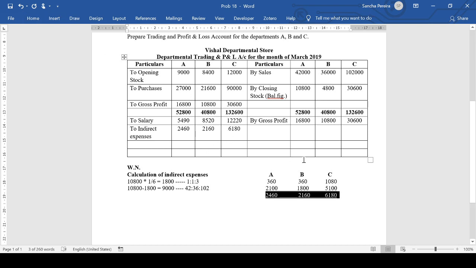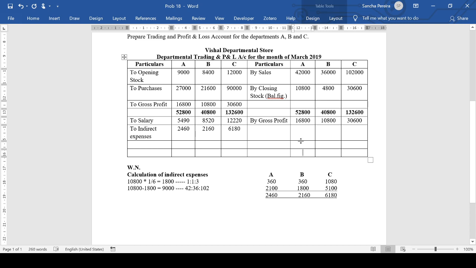So now we can calculate our net profit. Here again we'll have a total of 16,800, 10,800, and 30,600. To net profit: the net profit is 8,850, 120, and 12,000.